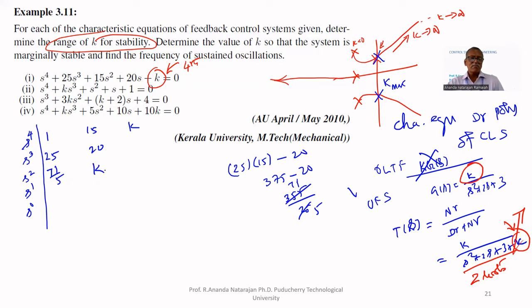Here k will come automatically. S power 1 row: 71 by 5 multiplied by 20 minus 25k, divided by 71 by 5. So we can write 71 multiplied by 20, how much? This is 71 by 5.